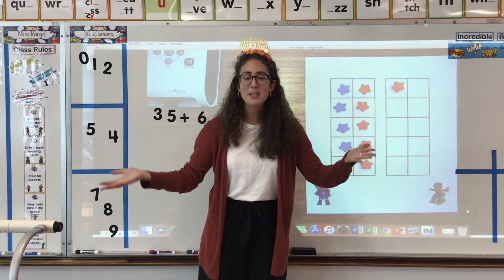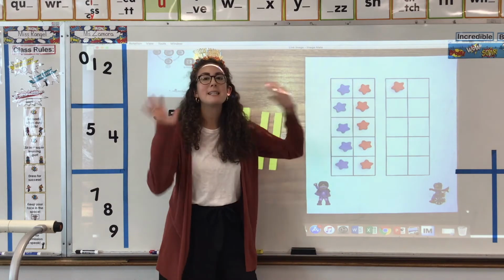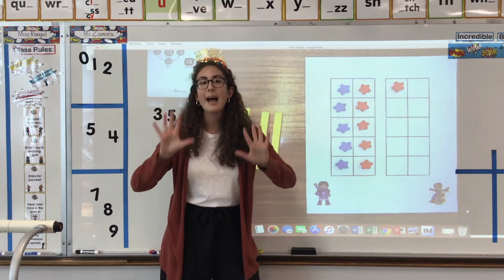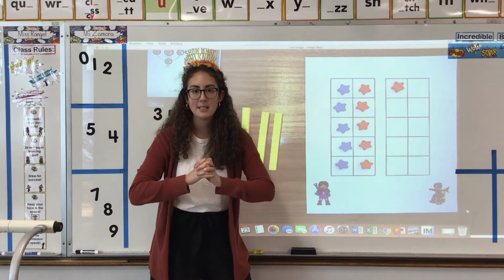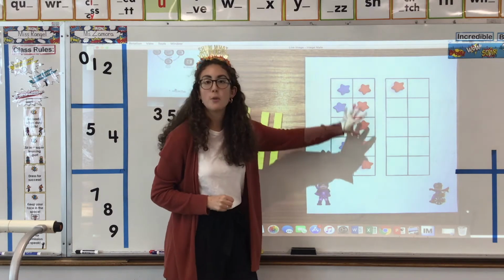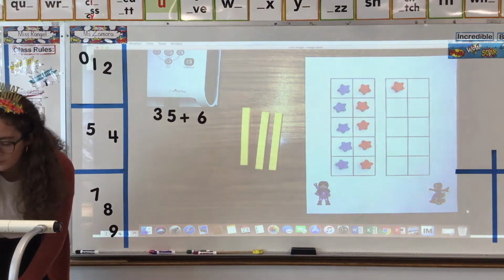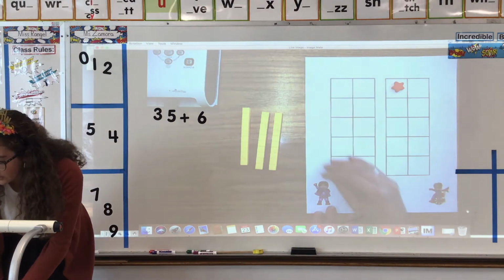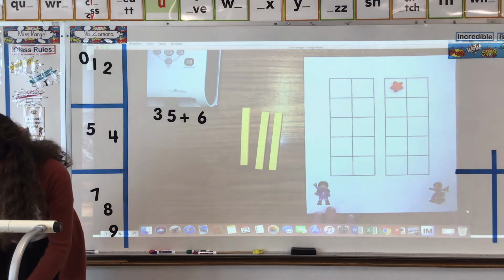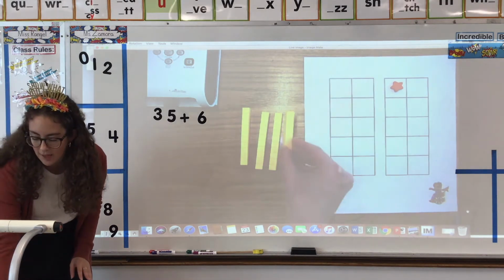No, we can't. We can only group 10 of them. That is our number for bundling. We can only group 10. So let's go ahead and do that. Can you group your 10 smaller unit together and make one of that bigger unit?